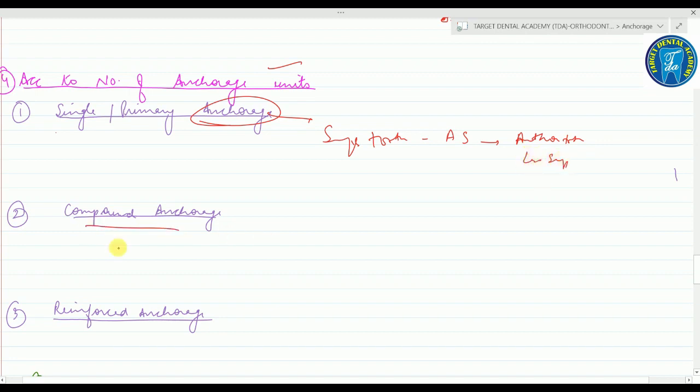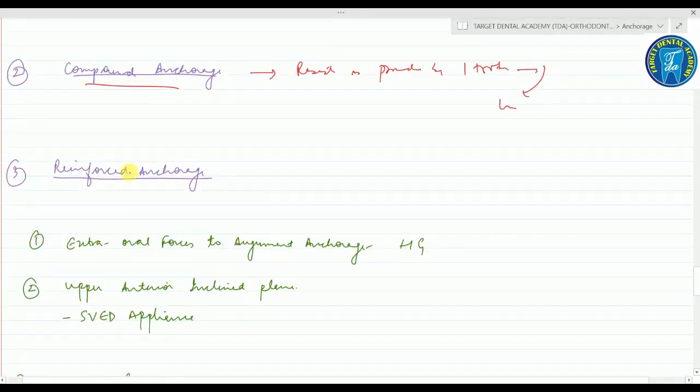Fine. Compound means more than 2. So in this the resistance is provided by more than one tooth with greater support, which is used to move the teeth with lesser support. Fine.